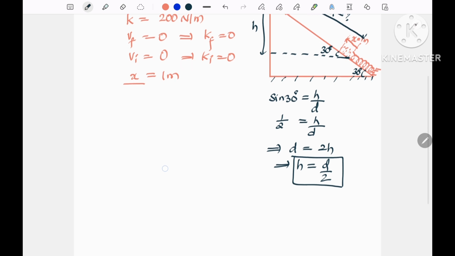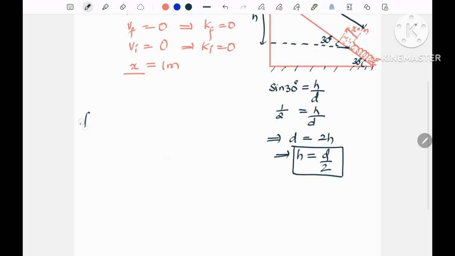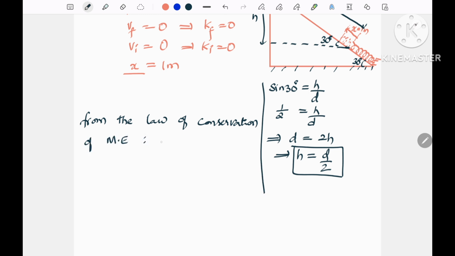Now from the law of conservation of mechanical energy, we know that total energy is constant. That means the sum of the kinetic energy and potential energy is constant.